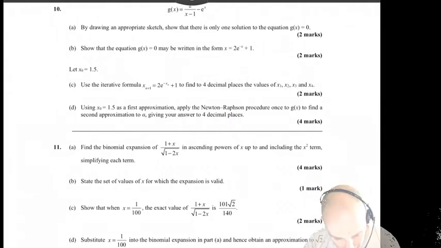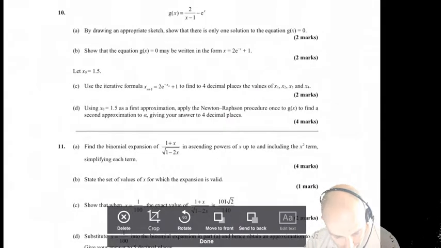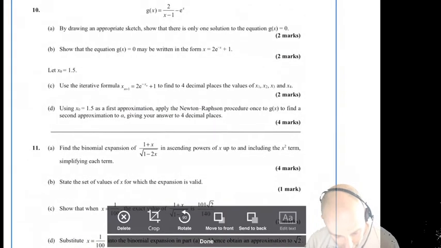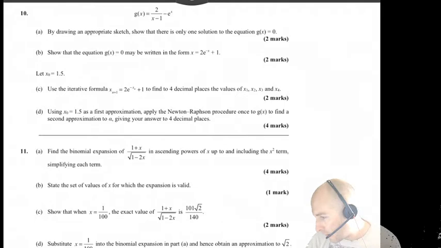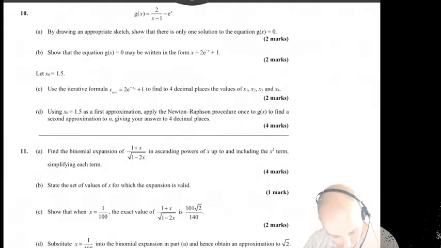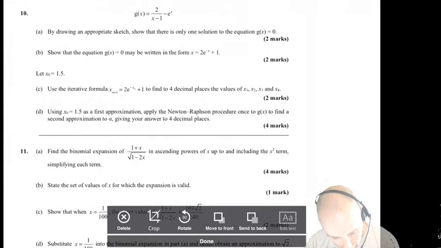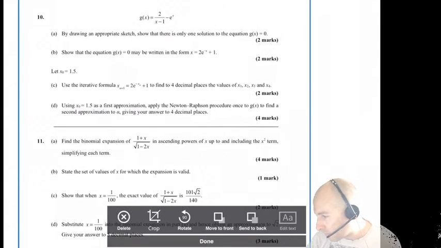Not quite. Try that. Nope. Still missing the bottom part. There we go.